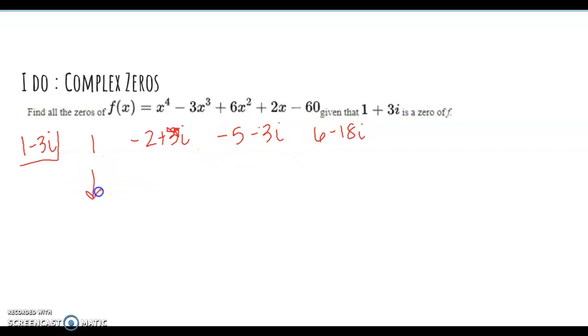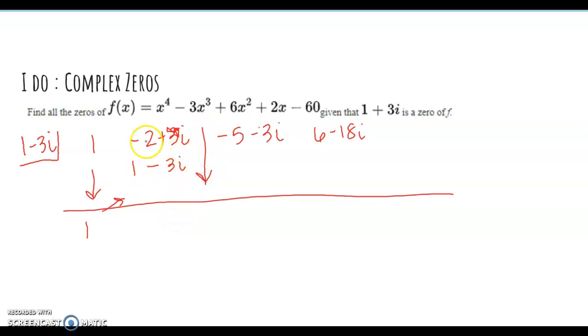We're going to bring down our first number and multiply by our box. So we get 1 minus 3i, and we're going to add straight down. Negative 2 and 1 will give me negative 1, and our 3i's will cancel out. Multiply again, we get negative 1 plus 3i.